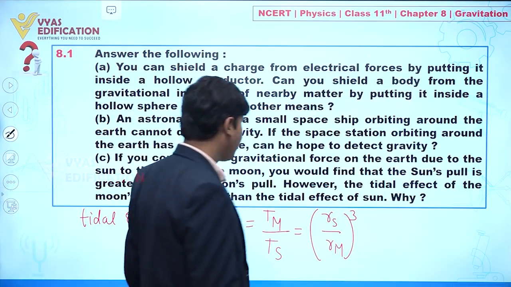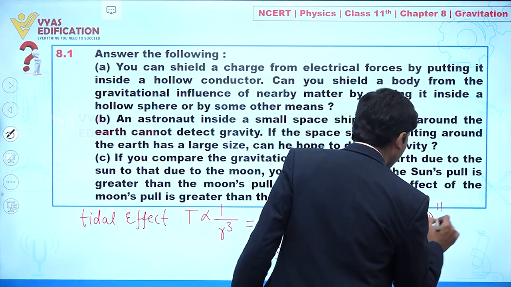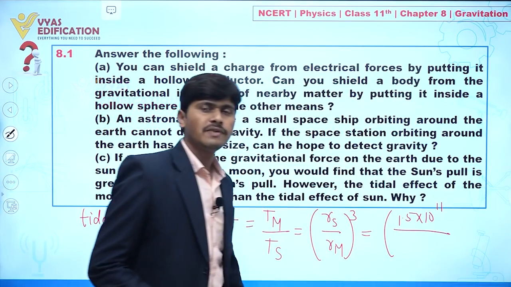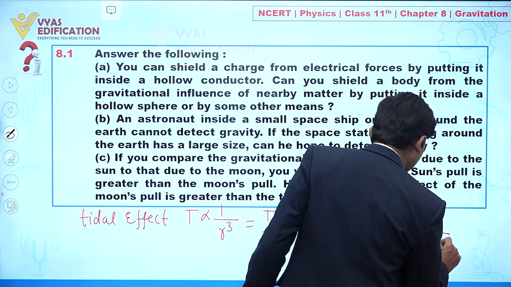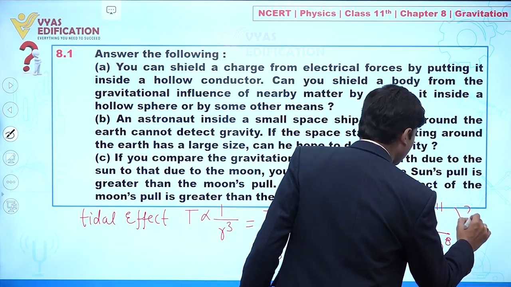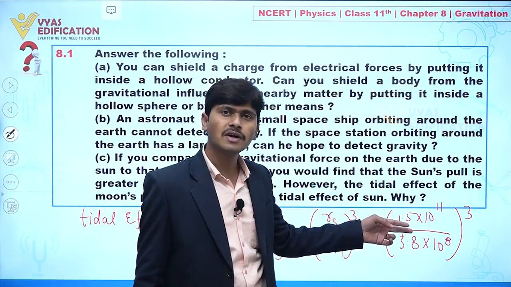Clear? So definitely we have the value 1.5 into 10 to the power 11 divided by 3.8 into 10 to the power 8. Clear? Whole cube. Now you can say this value is approximately 1/2.